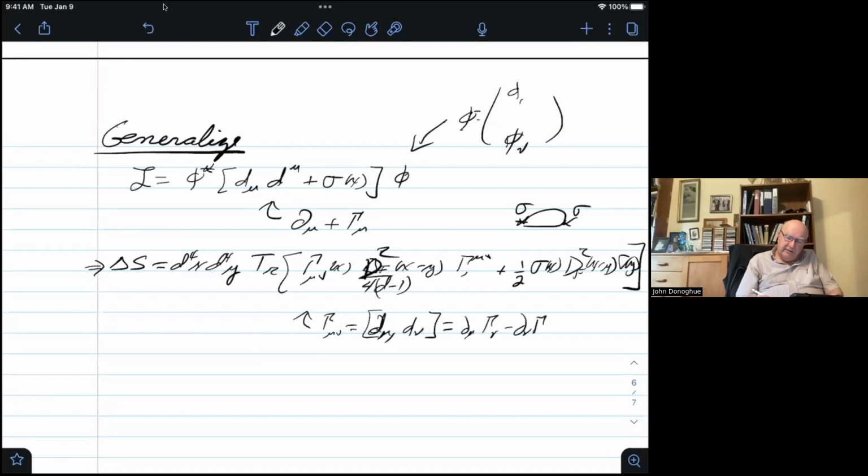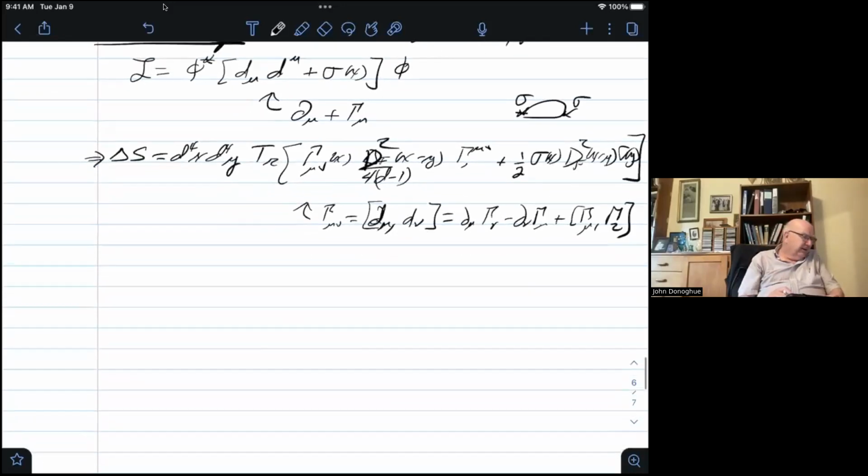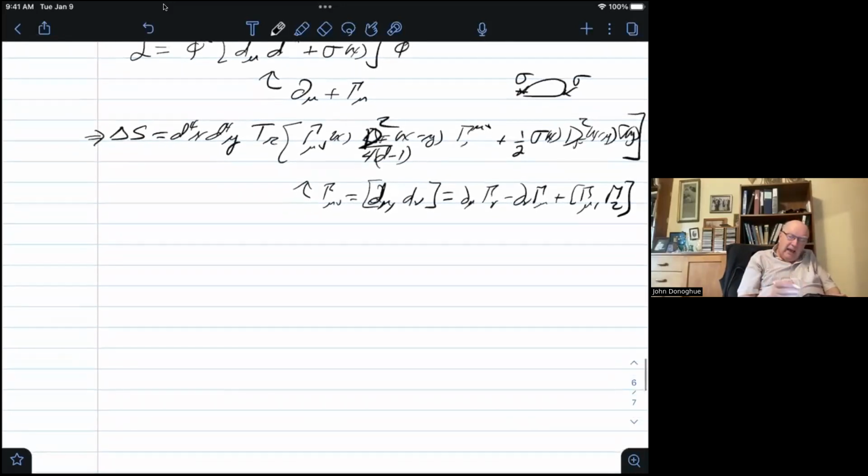It's this field strength tensor. So this is just what it has to be. It's a larger invariant field strength tensor. And then I can pull out the divergences.